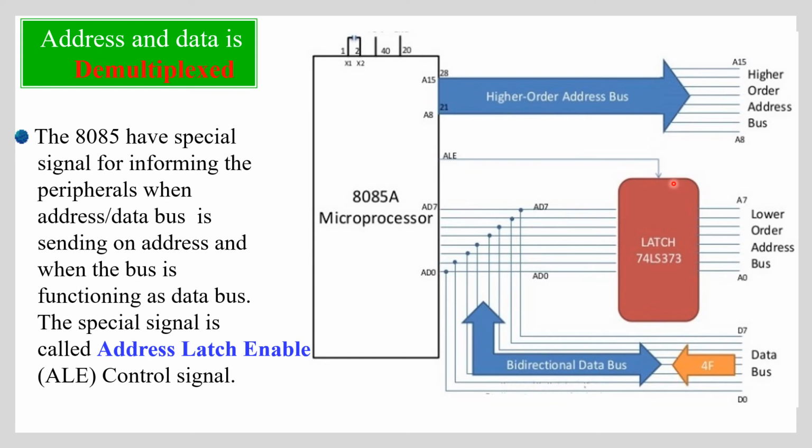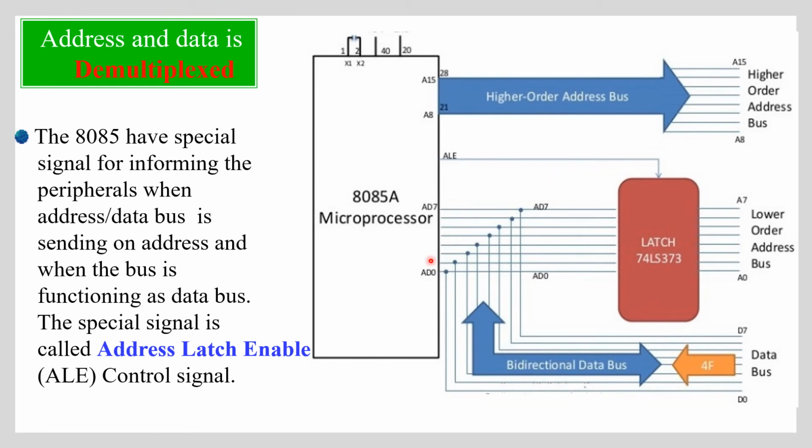If the ALE pin is high, then AD0 to AD7 are address bits; else they are data bits. Whenever the microprocessor is sending the address or data, if this pin is high it is sending the address, and when ALE is low it is sending the data.